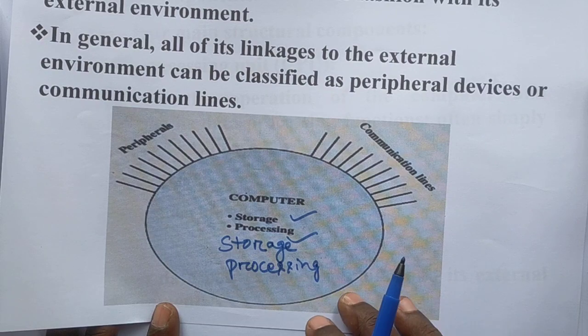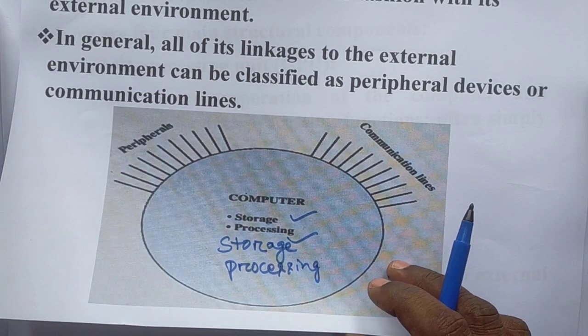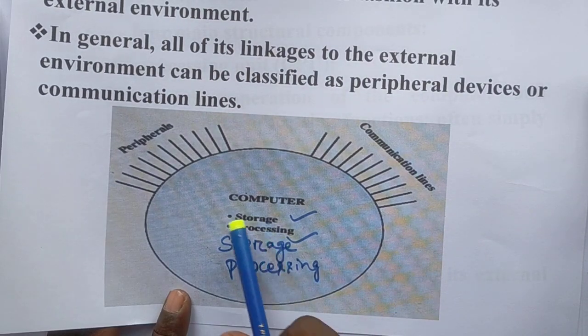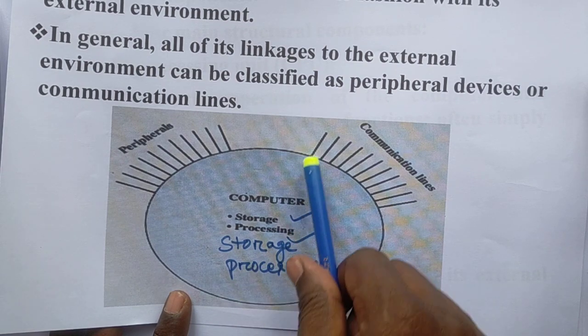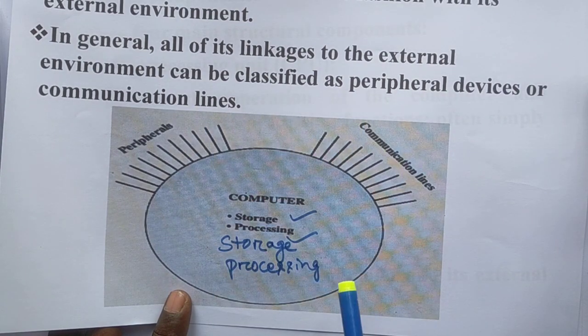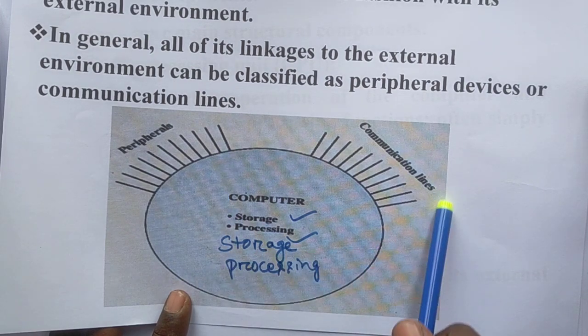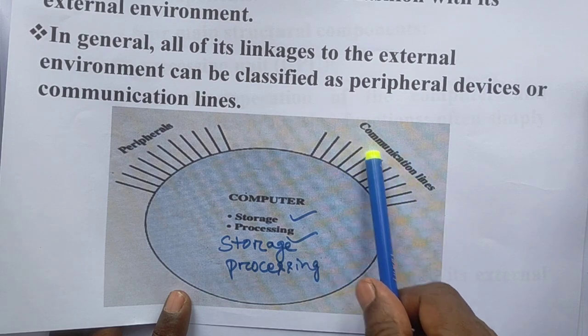Storage and a processing system, which receives some data from peripheral devices and does some work, and after that it will store, or release those data through output devices. Some internal communication is linked through these communication lines.